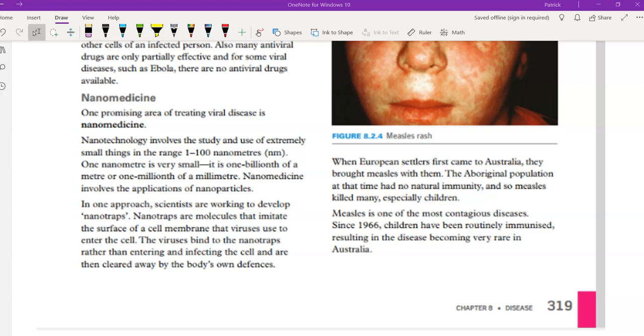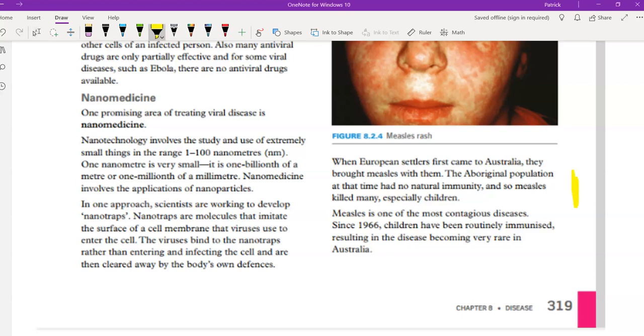That is tiny, almost impossible for the human mind to understand that sort of distance. But medicine is working in nanotraps to try and stop the viruses from getting inside the body and helping with the body's immune system.